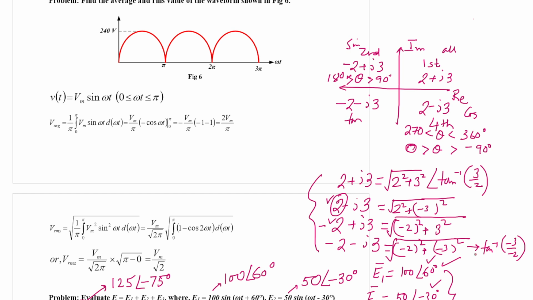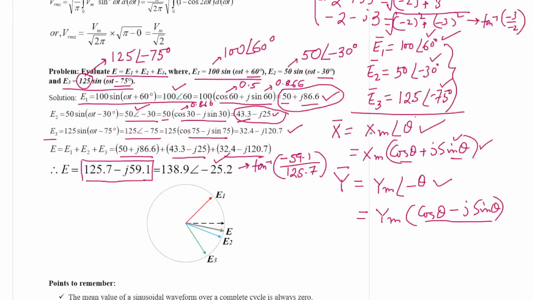Since you are evaluating tan, it will give you a positive result, but which is not true. Its theta should lie between 180 and 270. This should be the range. Similarly, if you evaluate this, it will come out to be minus 25.2 degree.